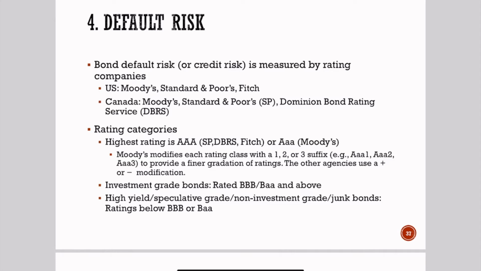Commercially, a firm's or even a country's default risk is measured by different rating agencies. In the US, you have Moody's and Standard & Poor's and Fitch. And in Canada, we have Moody's, Standard & Poor's, and this peculiar firm, Dominion Bond Rating Service.